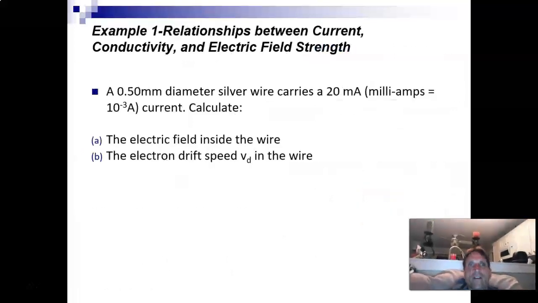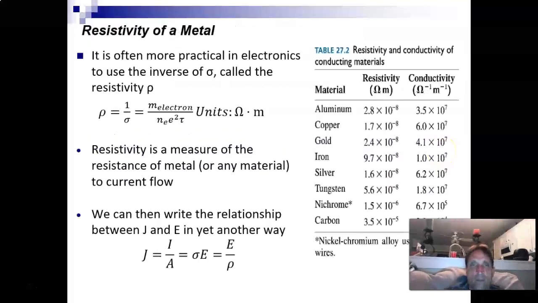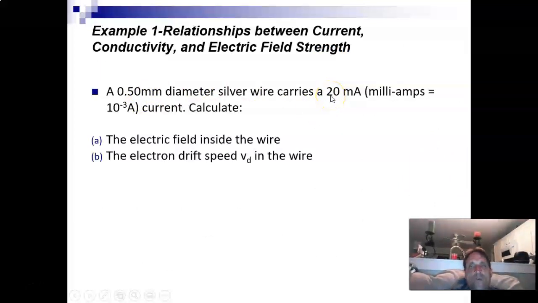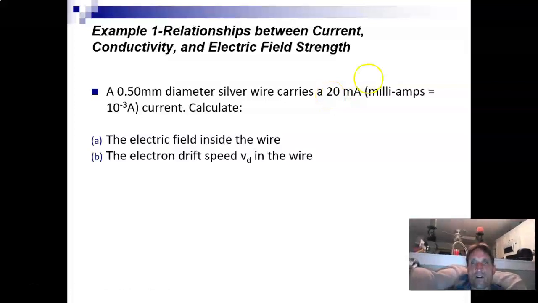So let's end with an example here, and there's a purpose for this. We'll see in a little bit. Suppose you have a silver wire, and we can look up the conductivity of silver. Silver has a conductivity of 6.2 times 10 to the 7. Suppose that the diameter of the wire is 0.5 millimeter, and suppose that the wire carries 20 milliamps of current.